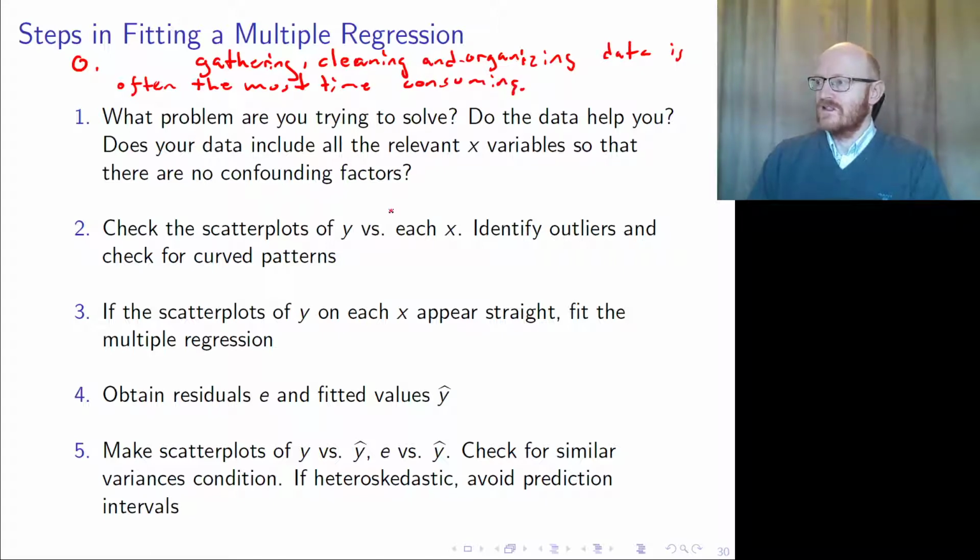For example, if you were working as a data scientist, and you're told to find the factors or the variables which affect the survival of cancer patients, then you would spend a lot of time gathering, cleaning, and organizing data.